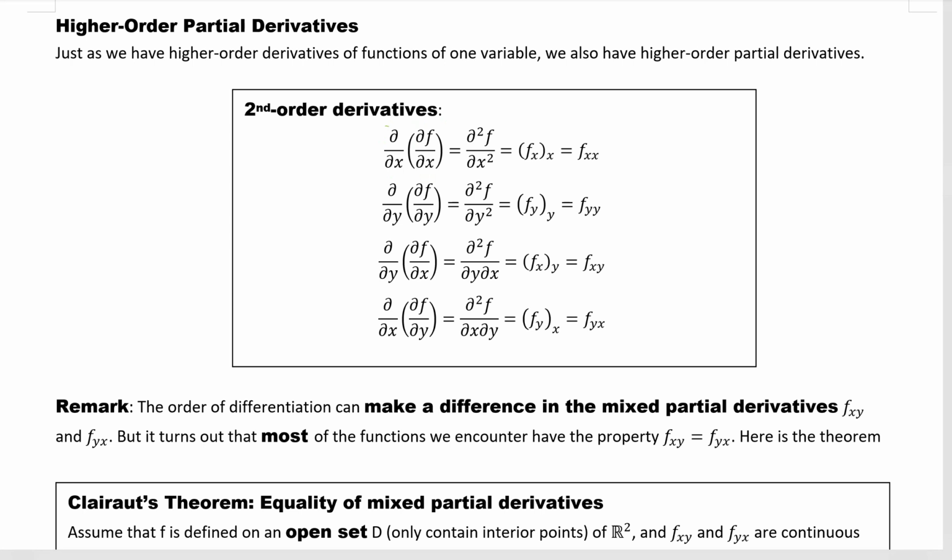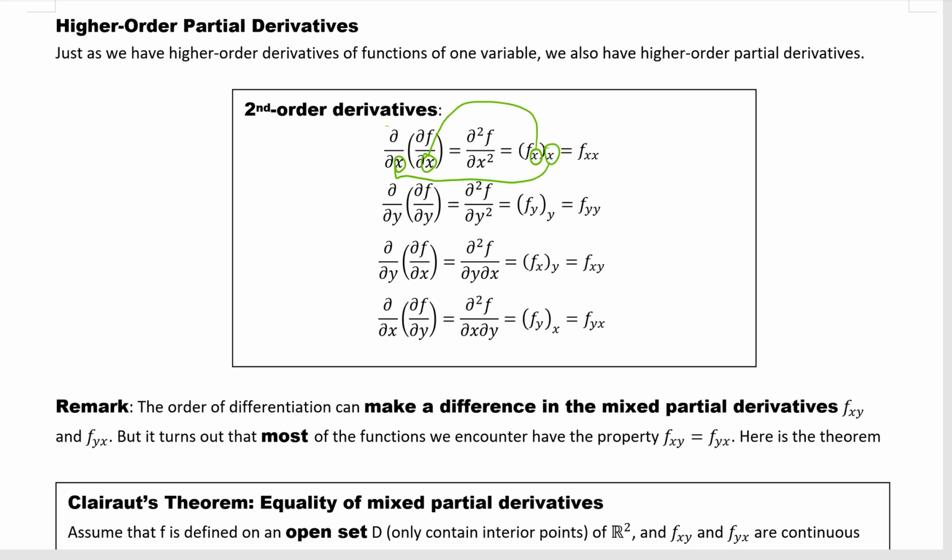So the notation is partial squared f over partial x squared. Okay, so this x corresponds to this x, and this x corresponds to this x. So this is f_xx. Similarly, partial squared f over partial y squared.